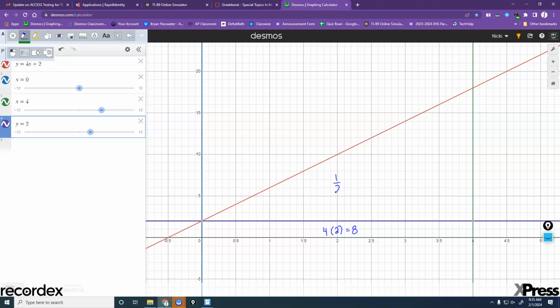This is 1/2 times 4 times, let's see, what's the height? That goes up to 18 minus 2, 16, which is going to be 32. 32 plus 8 is 40.